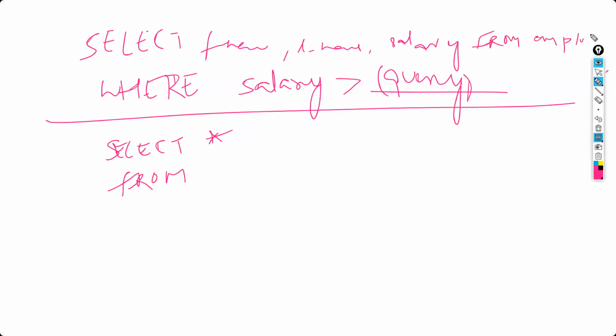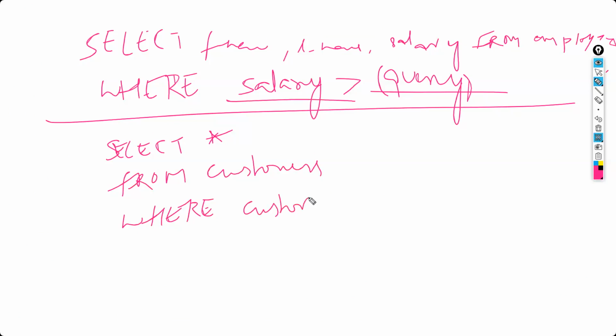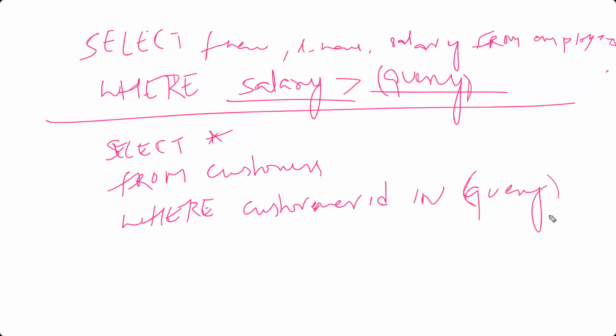Here I'm going to select from customers. Where, up to here common. After where, earlier I wrote salary greater than one more query. Here I'm writing the customer ID in one more query. This query I'm going to keep in the brackets.